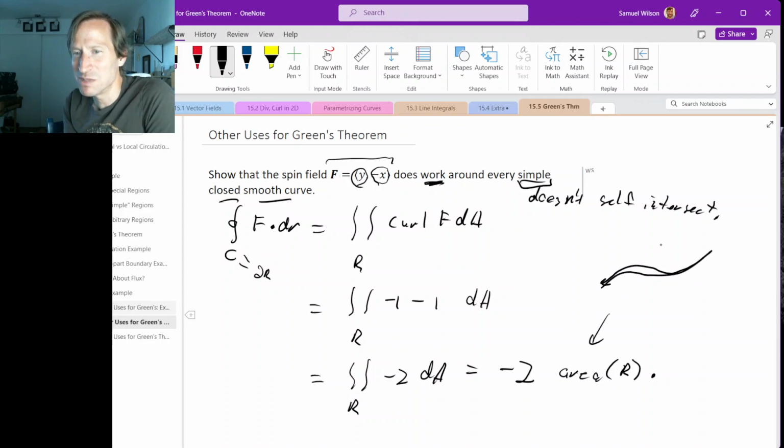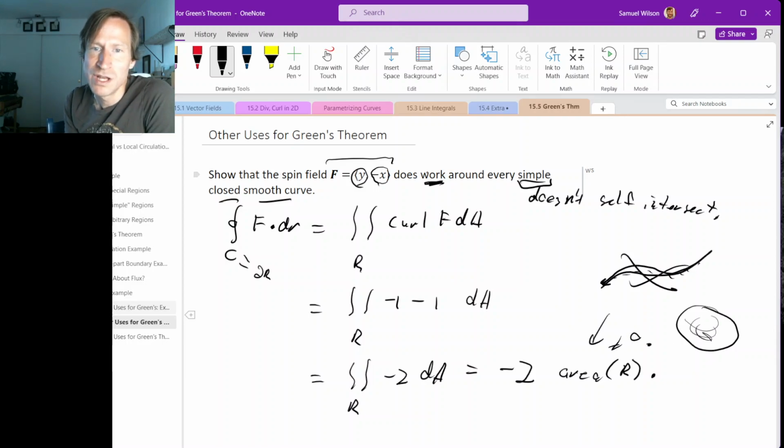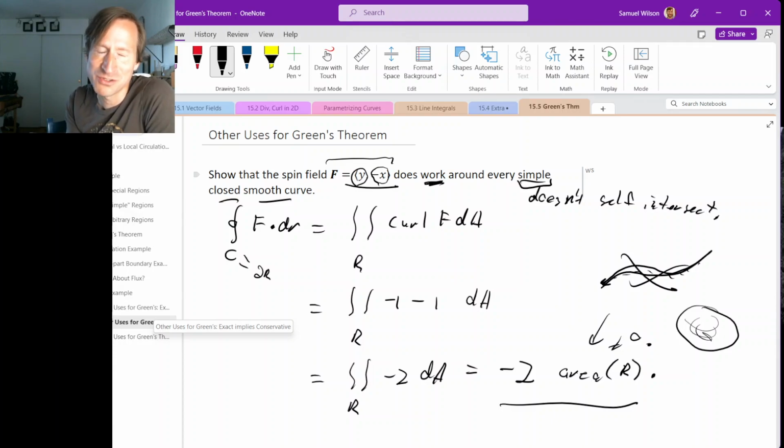But that can't happen because then you'd be intersecting yourself a lot. So our curve has to enclose some area, and so this area is definitely not equal to 0. So that shows that this spin field does work around every simple closed curve. There's no way to choose a simple closed path so that this field does no work.